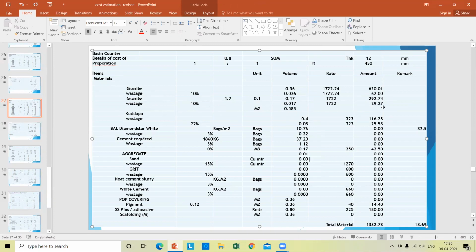Wastage 10% will be 29.27. Cement will be 250, that is 42 rupees 50 paise. Grid, there is nothing required. SS pins and adhesives will be 225 rupees. So total material will be 1382.78.